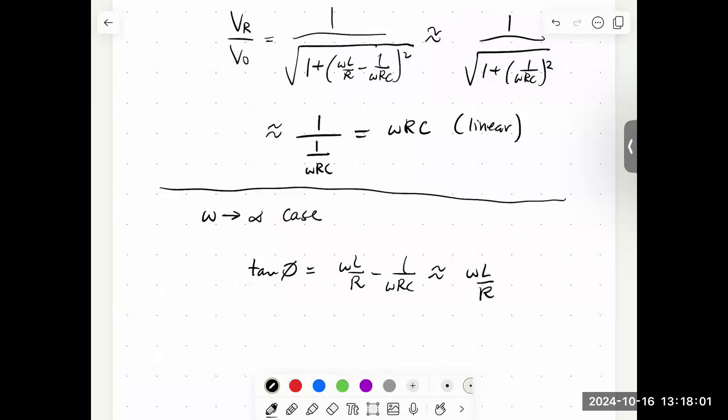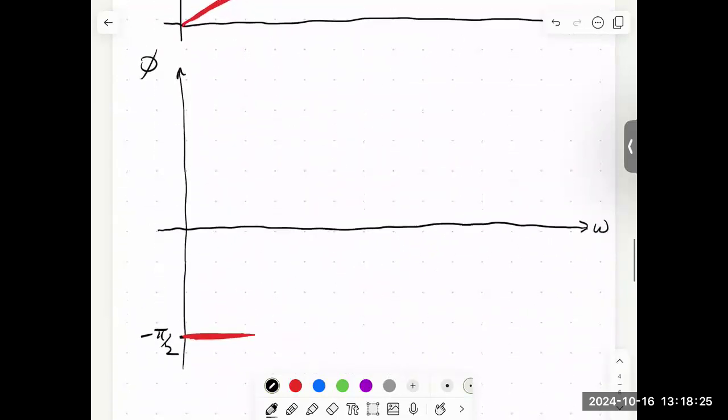Now it's the same argument we made before. If omega is really a large number, then it goes off to infinity, and tan phi goes to infinity when phi is plus pi over 2. So this corresponds to a phase equal to plus pi over 2. We can add that to our plot.